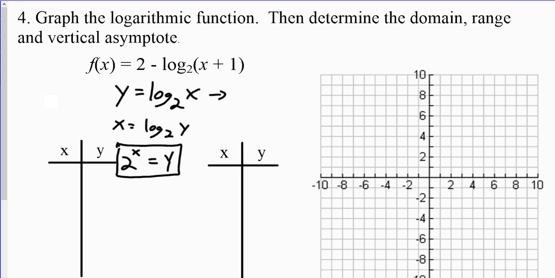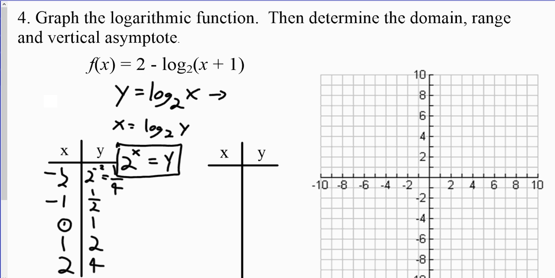So I have negative 2, negative 1, 0, 1, 2. Here I get 2 to the negative 2, which is equal to 1/4. And then I get 1/2, and I get 1, and then I have 2, and then I have 4.